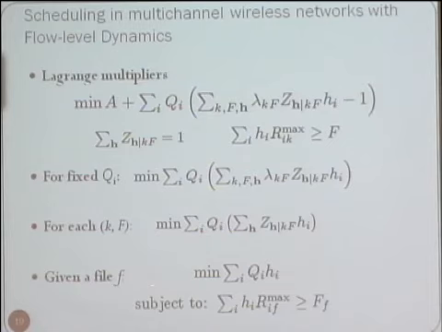So if Qi, the Lagrange multiplier corresponding to channel i, is given to you, then the number of time slots hi that you allocate to this flow when it arrives is simply obtained by minimizing the summation of Qi hi, subject to the condition that you give sufficient service to that flow.